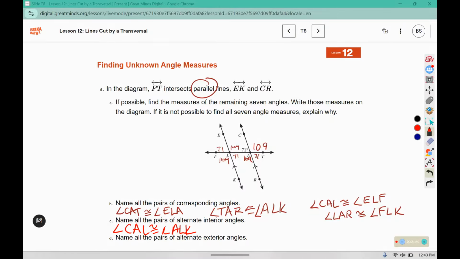Then we also have LAR is an alternate interior angle with ELA.